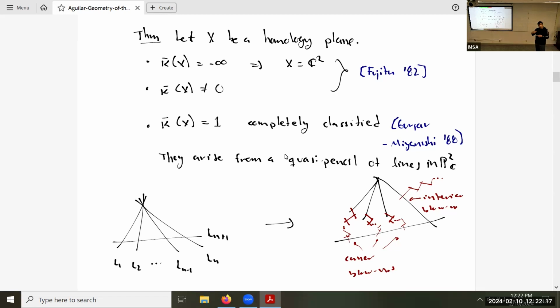In the Ramanujam construction, we blow up and we remove the strict transform, but not the exceptional divisor. I don't want to enter into details, but we were looking at some Calabi-Yau surfaces, and in the language of that, we have to make some corner blow-ups and some interior blow-ups here. So that's the way you can get the homology planes with Kodaira dimension 1.